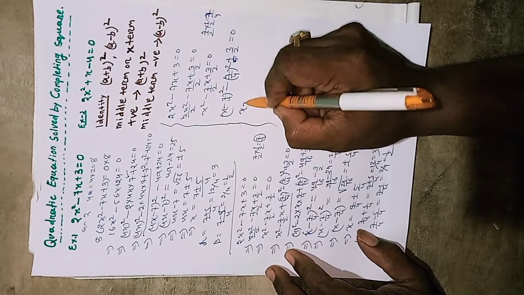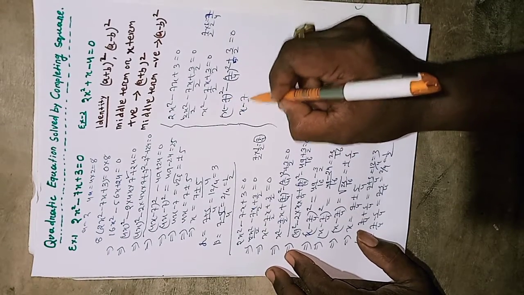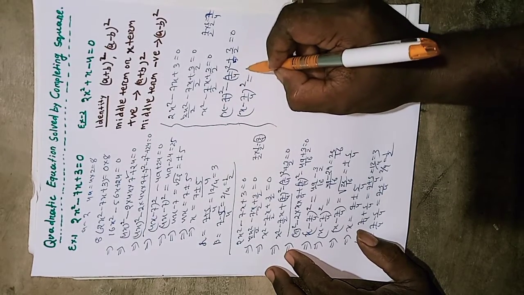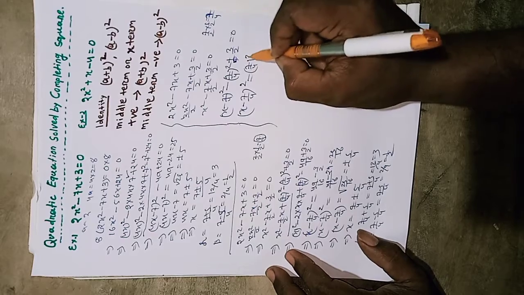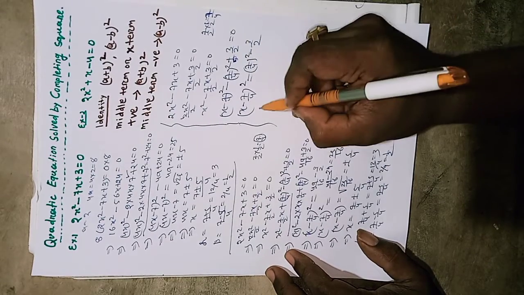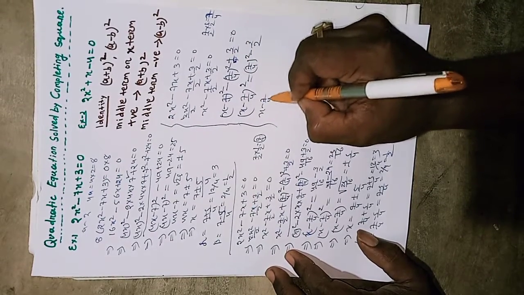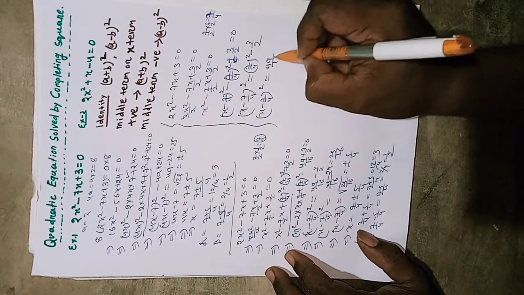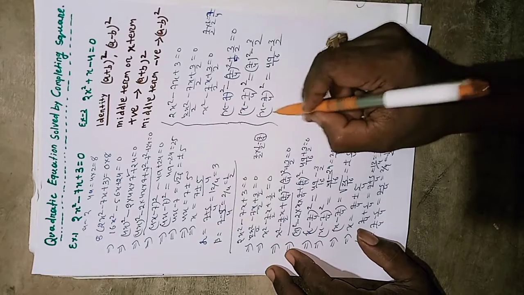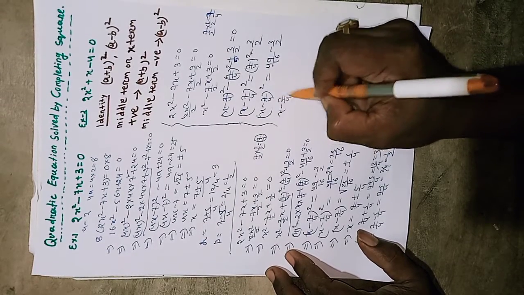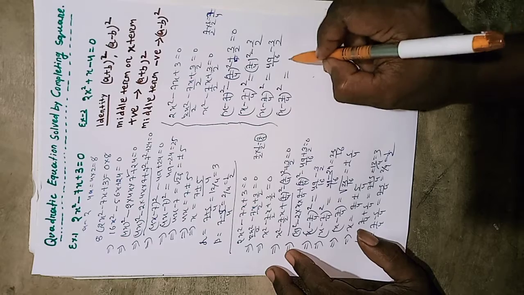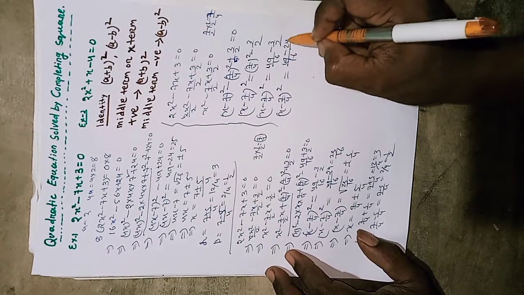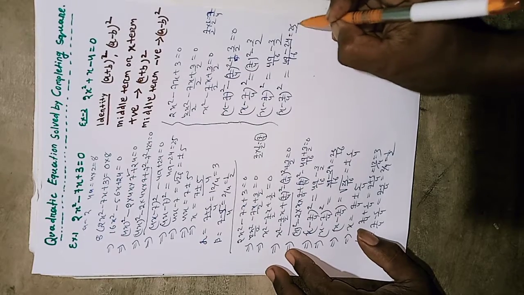Now (x minus 7 by 4) whole square, take the two terms to the right side, that is positive (7 by 4) square minus 3 by 2. Implies that (x minus 7 by 4) whole square equals 49 by 16 minus 3 by 2. Then (x minus 7 by 4) whole square is equal to, LCM 16, 49 minus 24, equal to 25 by 16.